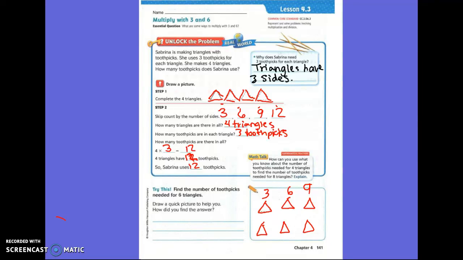Now we know that 4 triangles is how many? 12. Okay, now we have 2 more triangles than that. So how many more toothpicks is another triangle after 12? 15. And then how many more after that? 18.